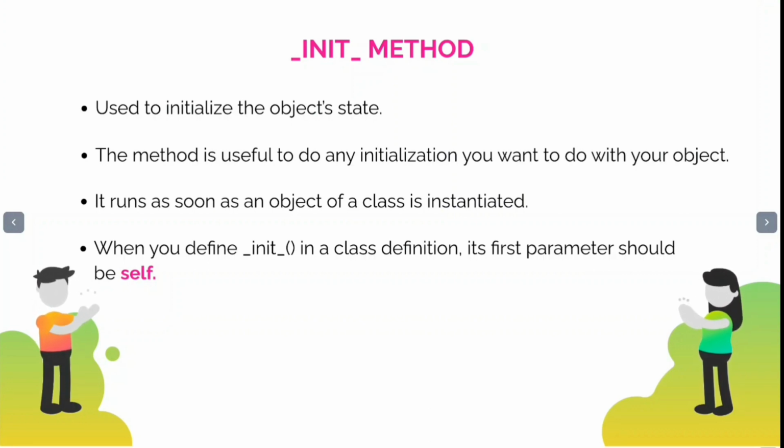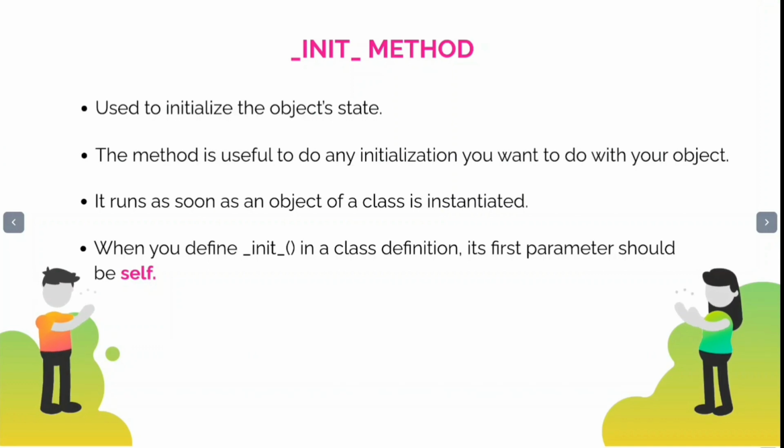Like methods, a constructor also contains a collection of statements, that are instructions that are executed at the time of object creation. It runs as soon as an object of a class is instantiated. The method is used to do any initialization you want to do with your object.